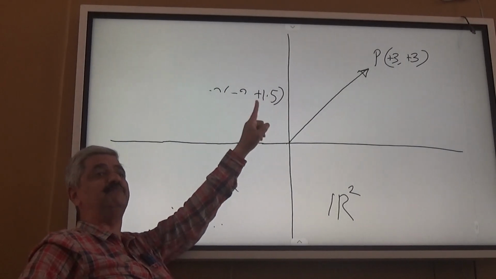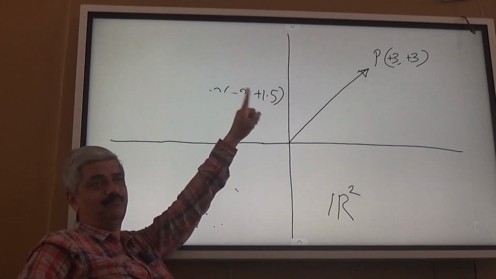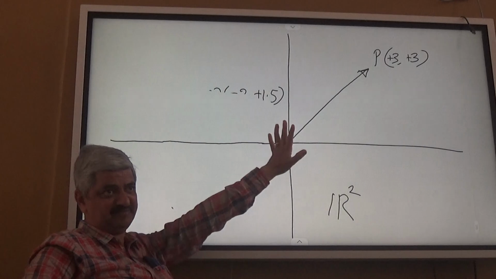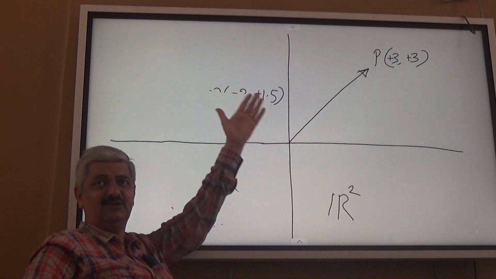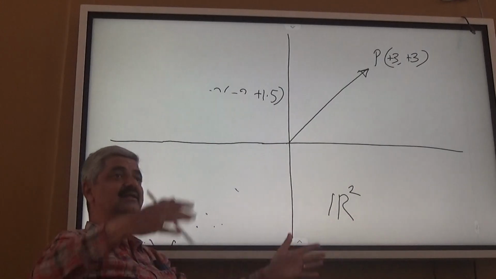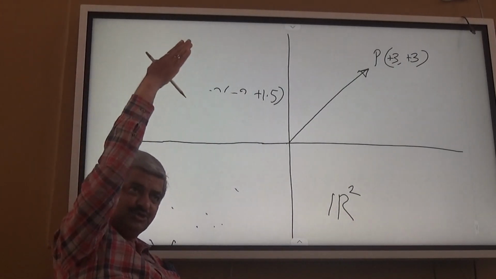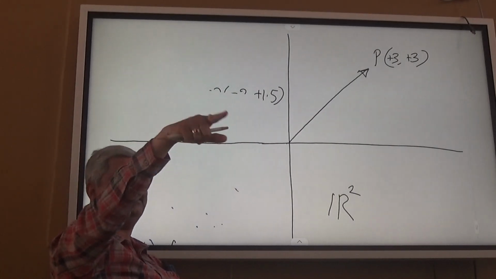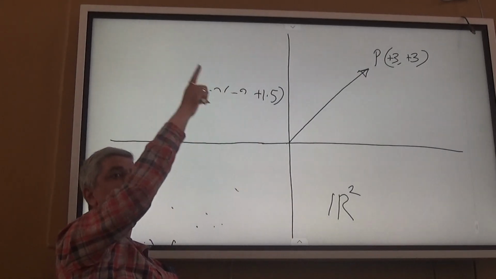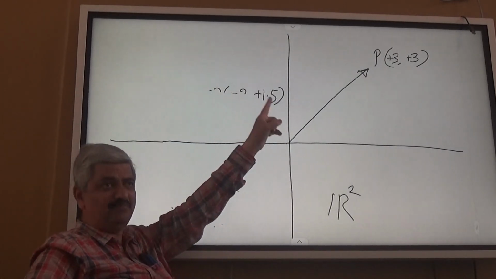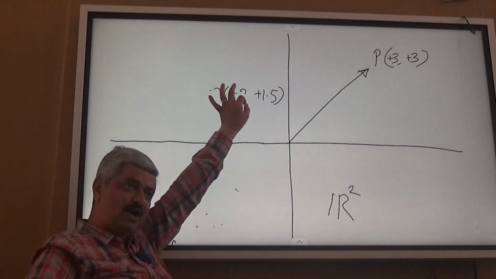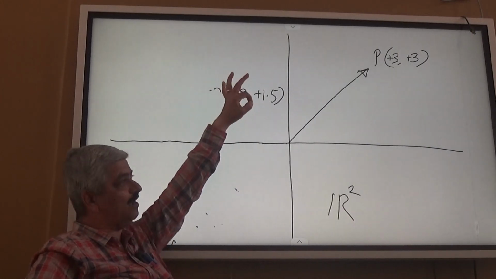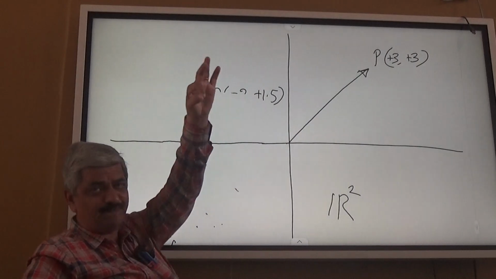For every position P, what is it? Position P in the plane is a vector. It is an ordered pair. It's a two-dimensional vector space. For every position in the original vector space, original plane, there will be an associated position in the transformed plane, image plane, for P, P dash. Or you may say P1, P1 dash, P2, P2 dash. Any point you take, there will be a unique point; one point will get mapped to a fixed image.